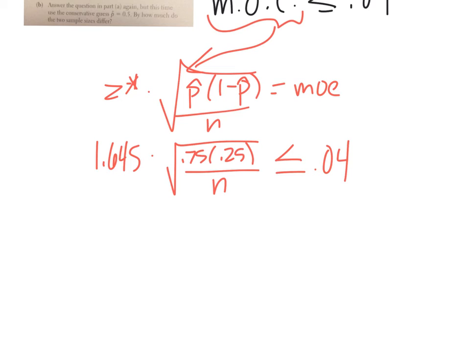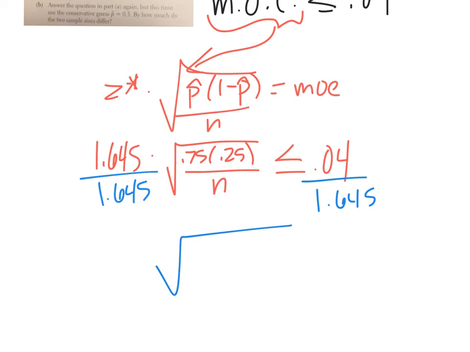First thing I will do is divide by 1.645 on both sides. Then I'm going to get, and I divided by a positive number, so my inequality sign is going to stay the same. I'm going to go ahead and multiply 0.75 and 0.25 for the numerator here.